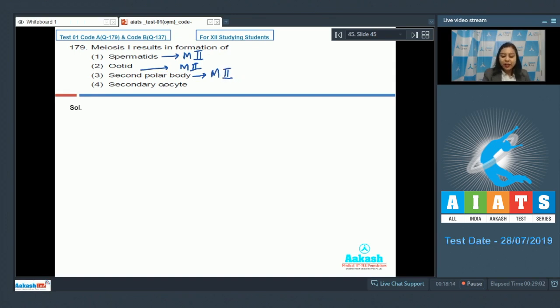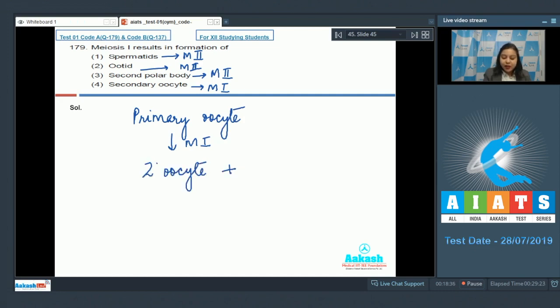Now let's look at the secondary oocyte. The secondary oocyte is the result of meiosis 1 when the primary oocyte undergoes meiosis 1. It leads to the formation of a secondary oocyte and the first polar body. So secondary oocyte is the result of meiosis 1. Now the secondary oocyte is arrested in metaphase stage of meiosis 2.